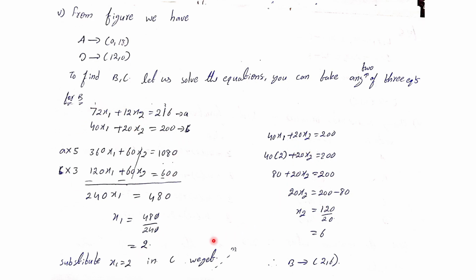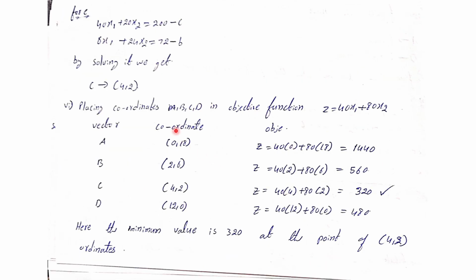By substituting x1 equals 2, we get 40 into 2 plus 20x2 equals 200. By solving it, we get the value of x2 as 6. Finally, we get the B coordinate, that is 2, 6. In the same process, calculate the coordinate of C by using equations C and B. And we have the four coordinates of the feasible region, that are A, B, C, D.